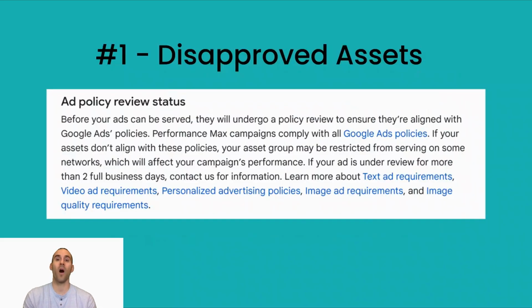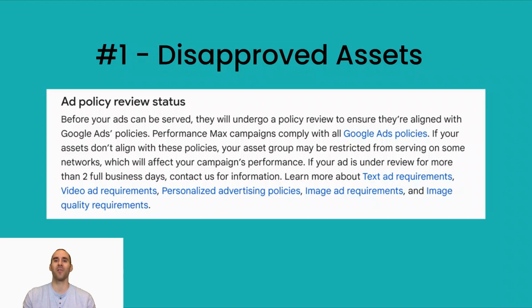The first reason why your Performance Max campaign might be stuck in the mud is you could have disapproved assets. As you were creating your Performance Max campaign, you went in and uploaded your images, description, headline, logos, videos, etc. And to your view, they might be perfectly fine. But the way Google Ads reviews assets is automated.